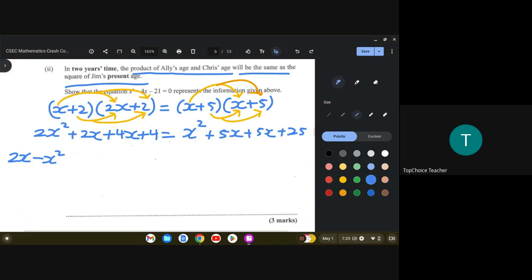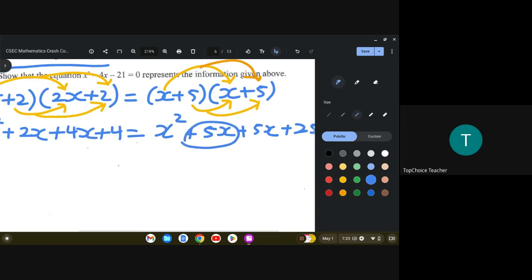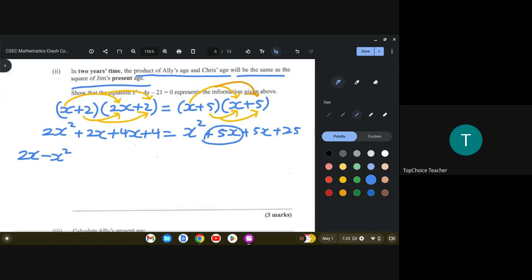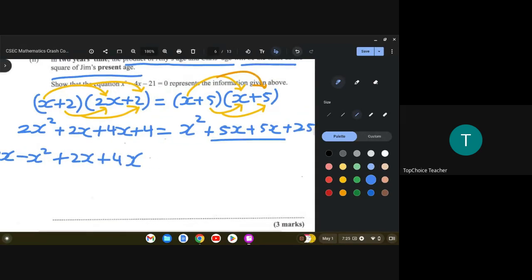We're going the easier route right now. If we want to move the 5x across, what would happen to that? Wouldn't we also have to change the sign? It will be minus 5x. Right. So let me just put down what I have over here first. So we have plus 2x plus 4x. You could start simplifying it already if you want, but I want to move these things across.